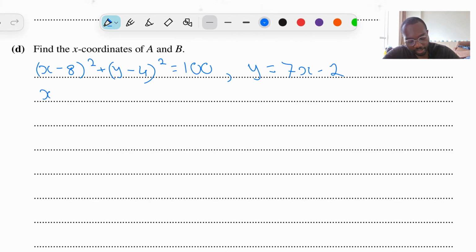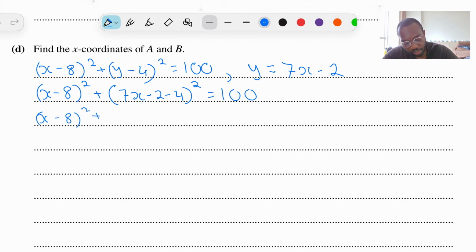So that would be x minus 8 squared plus 7x minus 2 minus 4 squared, and that is equal to 100. So x minus 8 squared plus 7x squared is equal to 100. And now we just need to expand all this out, and we should get a quadratic, and then we can work out the x values.